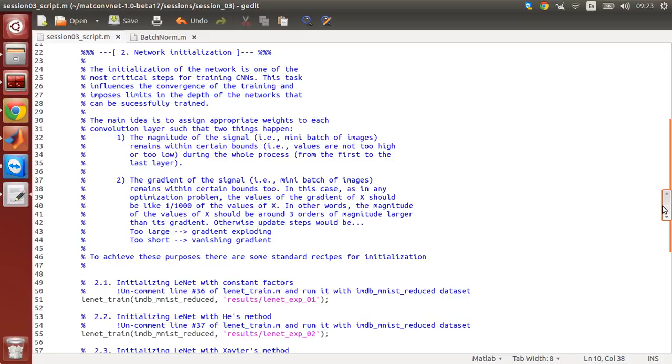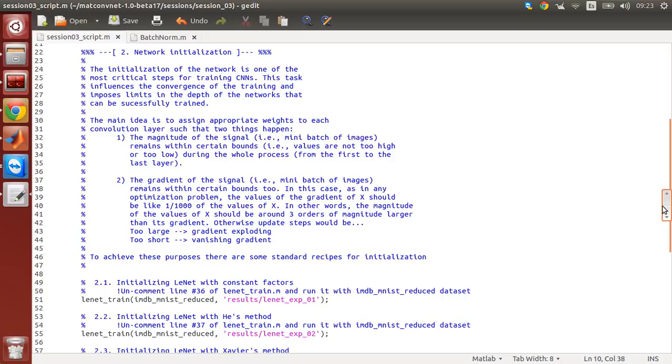And usually, when talking about the filters themselves, in order to achieve this bounded magnitude of the data, we need the filters to have some specific magnitudes. So they also have to be not too high, not too low.